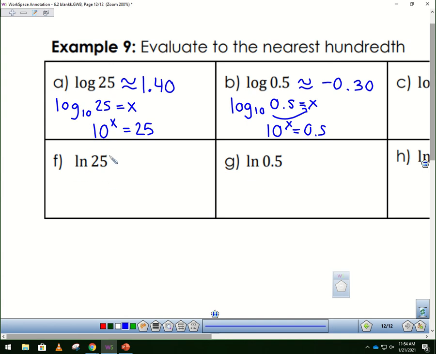So for ln, we're going to use a different button. Let's just do f and g, while we're over here. We type in 25 and then hit the ln button, and when we do that, we should get approximately 3.22. Now ln means a natural log, a log of base what? Not 10, but e.